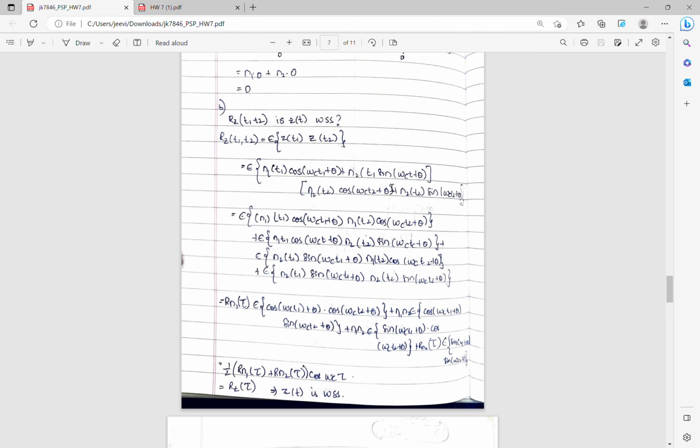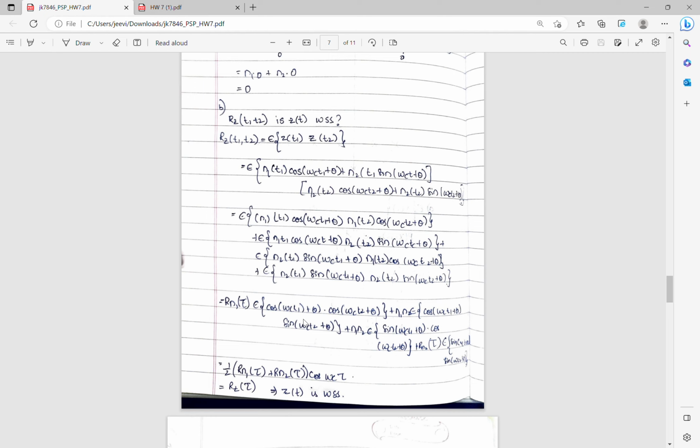If we multiply these terms, we will get all of this, that is the expected value of n1(t1) cos(omega_c t1 plus theta) into n1(t2) cos(omega_c t2 plus theta), plus the expected value of n1(t1) cos(omega_c t1 plus theta) into n2(t2) sin(omega_c t2 plus theta), plus the expected value of n2(t1) sin(omega_c t1 plus theta) into n1(t2) cos(omega_c t2 plus theta), plus the expected value of n2(t1) sin(omega_c t1 plus theta) into n2(t2) sin(omega_c t2 plus theta).